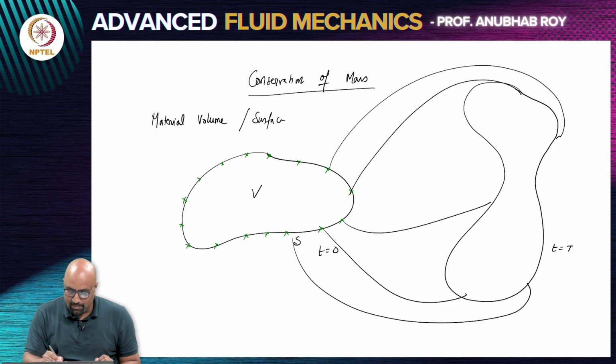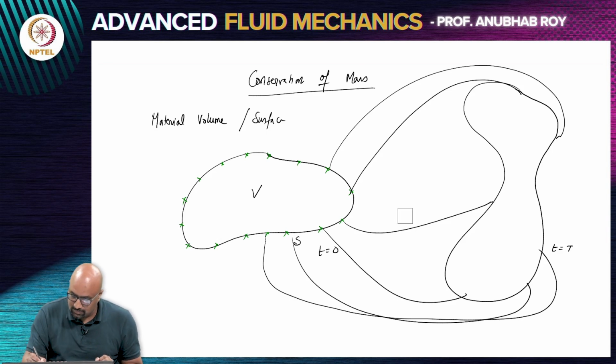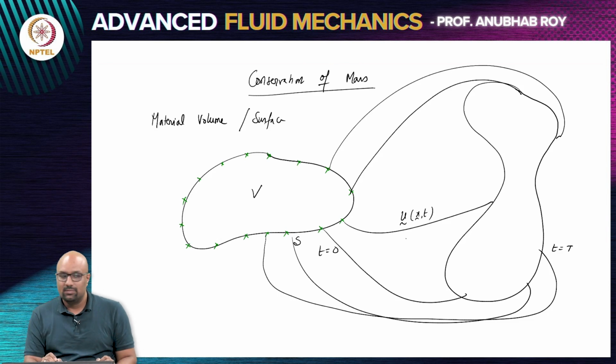So they all get mapped to different regions. What is happening is the flow, which you know as u of x comma t, that is the velocity field, takes every point on the initial volume and maps it to this new volume. This new volume I will call V prime, which is bounded by a surface S prime.